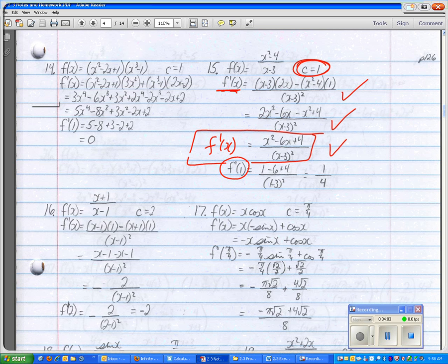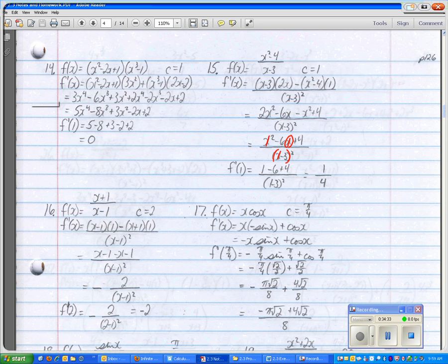All you do, just like if you had f of 1, all you would do is replace every x with a 1. Well, if you have f prime of 1, you replace every x with a 1. It's just that it's the derivative you're working with, not the original f. So f prime of 1 just means use the derivative, which you have right above you, and replace every x with 1.